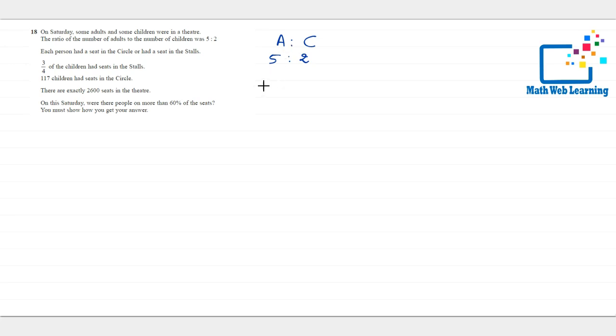As a fraction, adults represent 5/7 and children represent 2/7. Now here he says 3/4 of the children had seats in the stalls, but also we've been told 117 had seats in the circle, so those 117 represent 1/4.